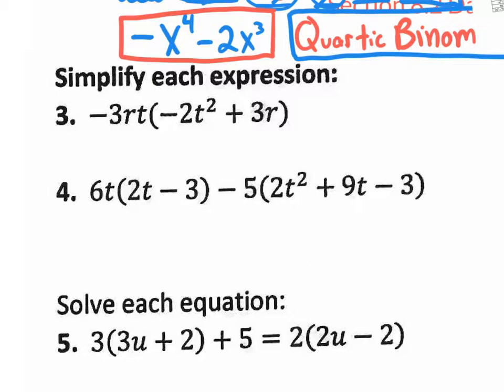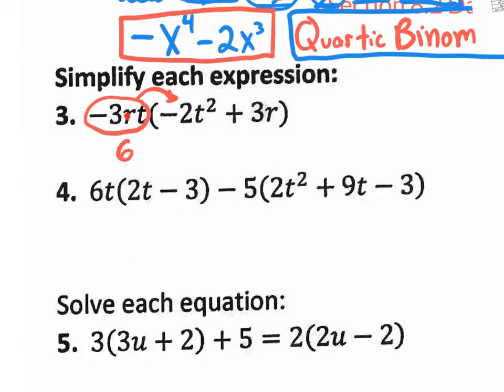That's pretty easy. All we're going to do is simplify by applying the distributive property. So I'm going to take this monomial that's out here in the front, and I'm going to multiply it by negative 2t to the second. So how do we do this? Let's start by multiplying the coefficient that's in front, the negative 3 times the coefficient negative 2. So negative 3 times negative 2, that is positive 6. Okay. And now let's go through with the letters.